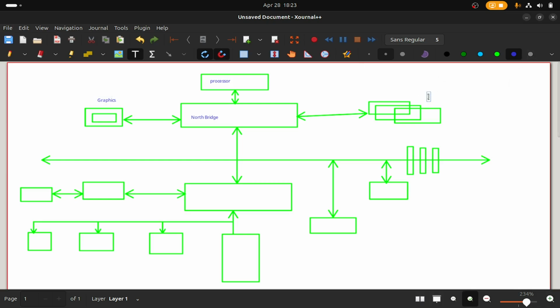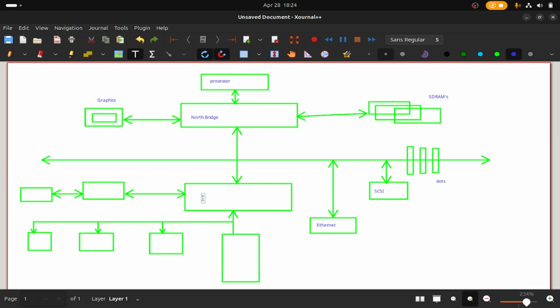These are the DRAMs. Some slots. That is called SCSI. It is our Ethernet.